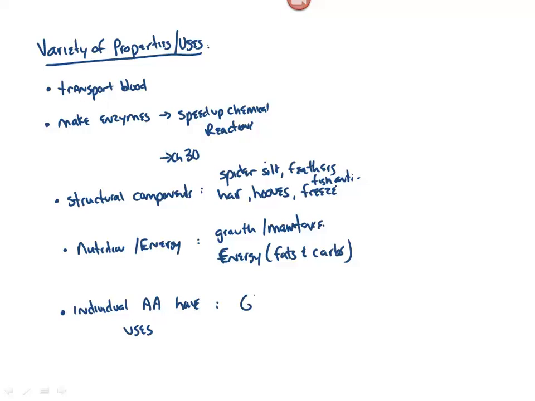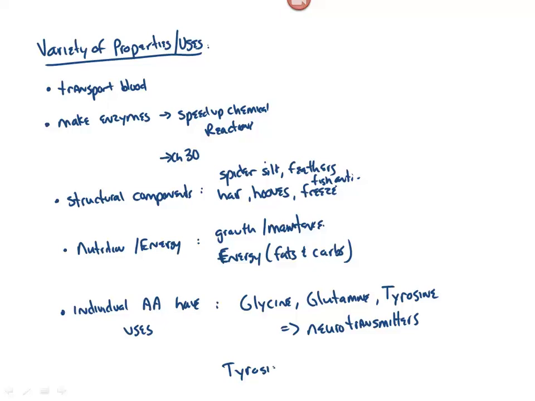For instance, glycine, glutamine, and tyrosine are all neurotransmitters. Tyrosine, for instance, is the precursor or the parent molecule for adrenaline. So tyrosine leads to adrenaline.